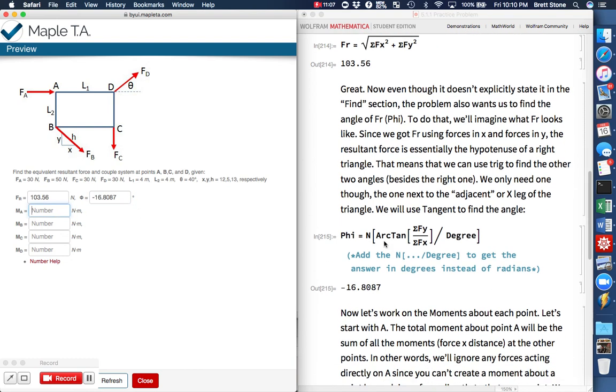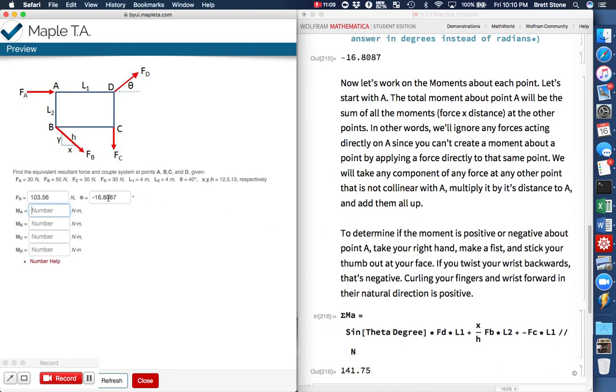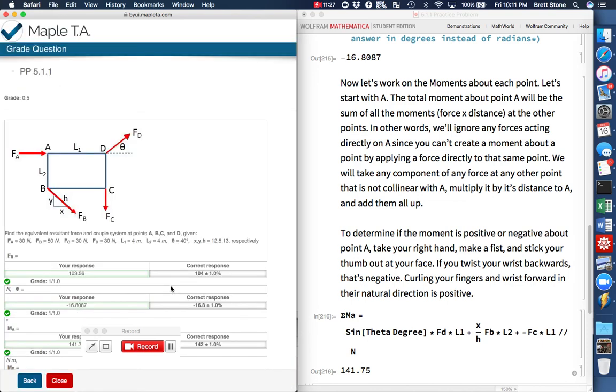And the sum of all those moments about point A we calculated was 141.75. Let's see if those were correct. All right, so we got those three correct. That's good.